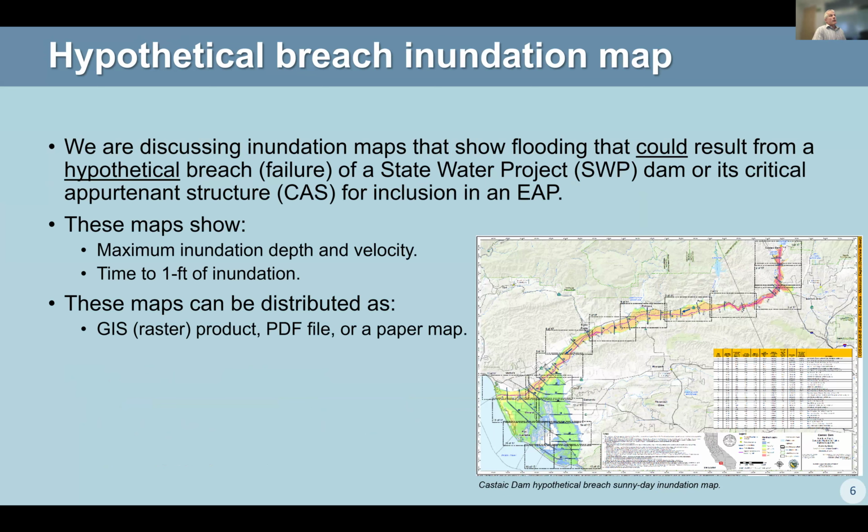The maps that we produce are required to show the maximum depth, the maximum velocity, and this thing called the arrival time, the 1 foot arrival time. So how long does it take for the flood wave to reach your location? And today, you can print these maps out, but they're PDF files and they're also GIS raster products that can be served over GIS or the internet.